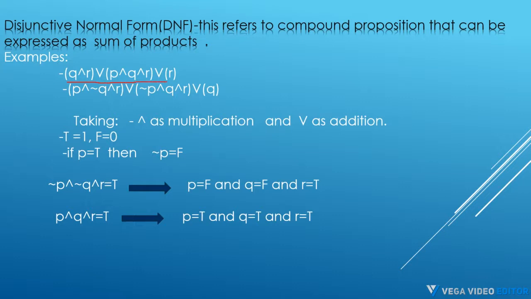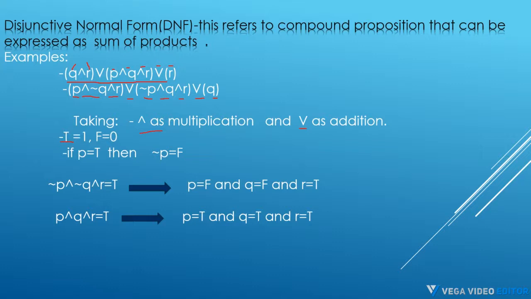As you can see, the literals Q and R, or P and Q and R, or R, then we have P and not Q and R, or not P and Q and R, or Q. Taking this sign as a multiplication, we are ANDing, and this one as an addition, the OR sign.